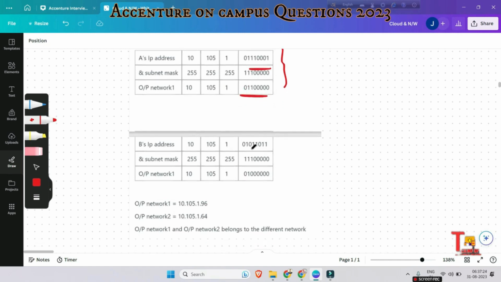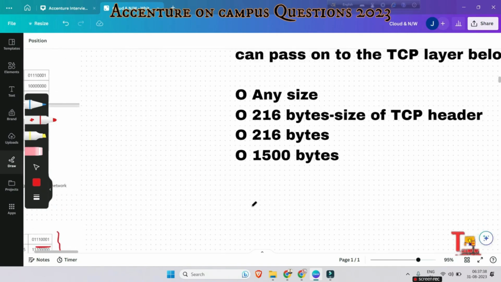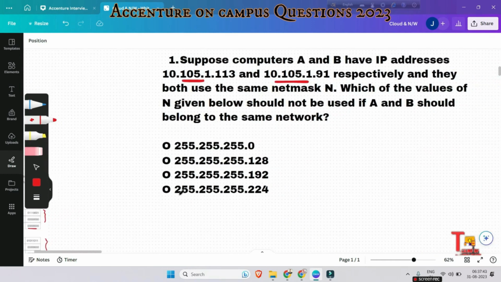And if we do an AND operation between computer B and option 4, then we will get this. So the output network for both of them is different, so the answer will be option 4, which should not be used if A and B should belong to the same network.